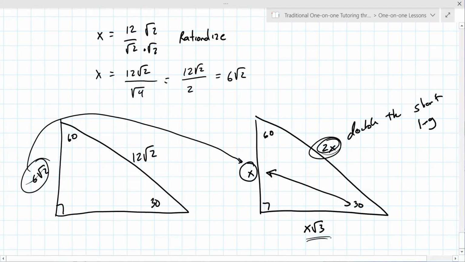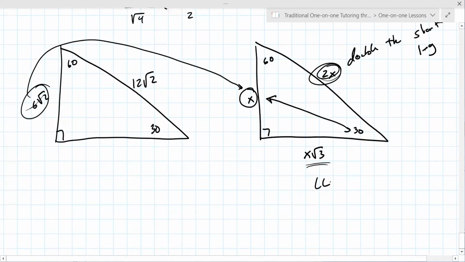But then the long leg, this long leg here, is the short leg times the square root of 3. So this side on the bottom is 6 square root of 2 times the square root of 3. This is your x times the square root of 3. With roots, root 2 and root 3, you multiply them together. You get 6 root 6.